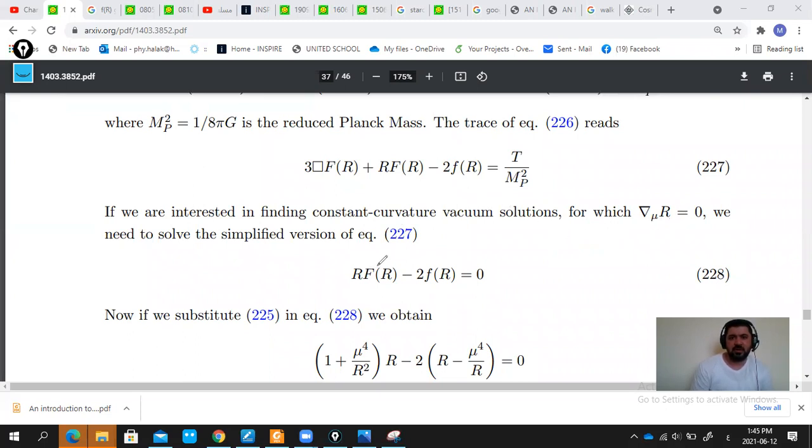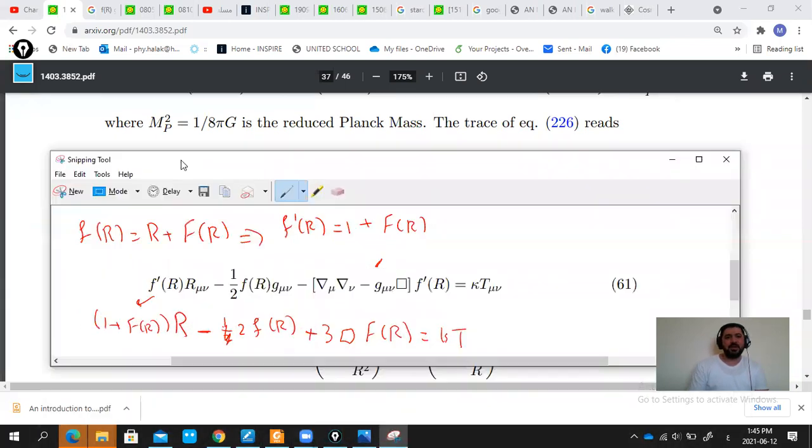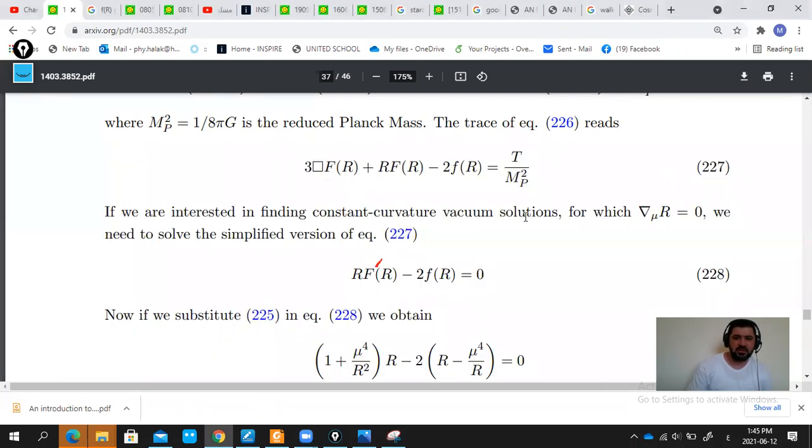So here we have R f prime R minus 2 f(R), and we can see that this is R, this is f prime R, and this is f(R). So there is nothing like this. I expected some kind of notation where they called the other terms f with capital R and the first one f with small r, but this is not the case.